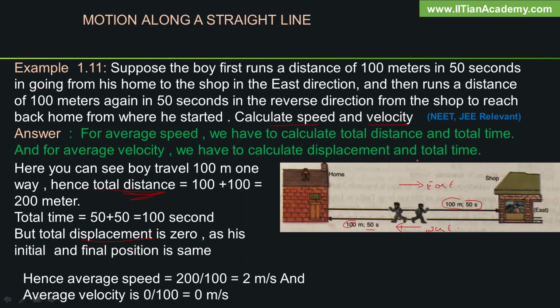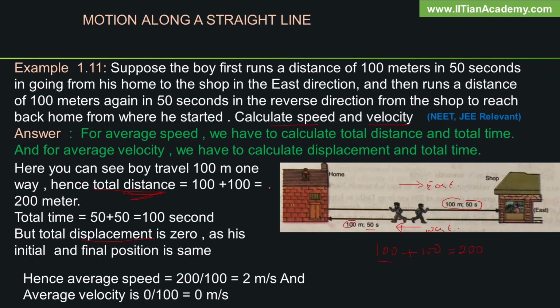Here you can see boy travel 100 meters one way, hence total distance equals 100 plus 100 equals 200 meter.